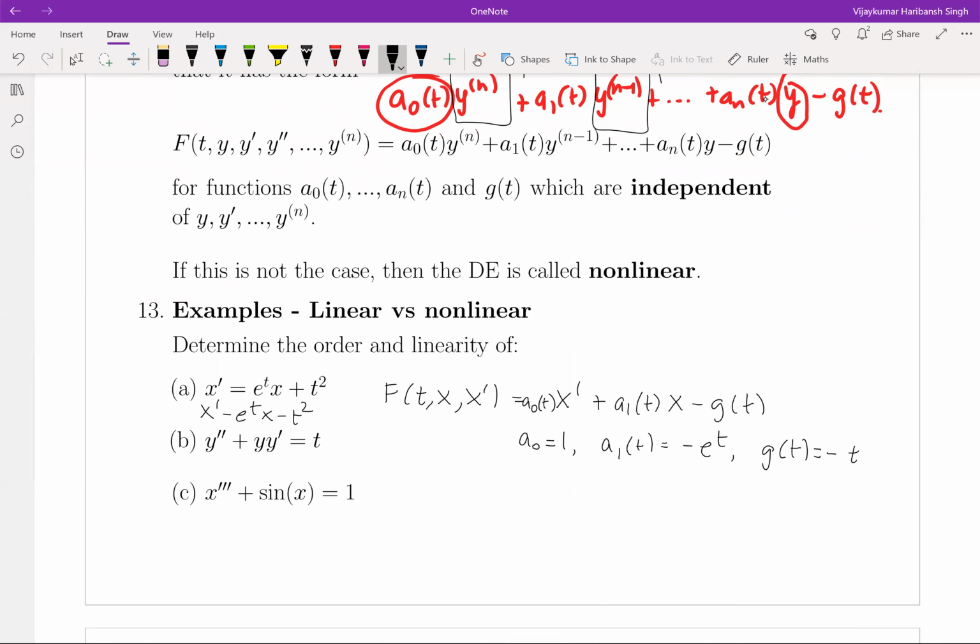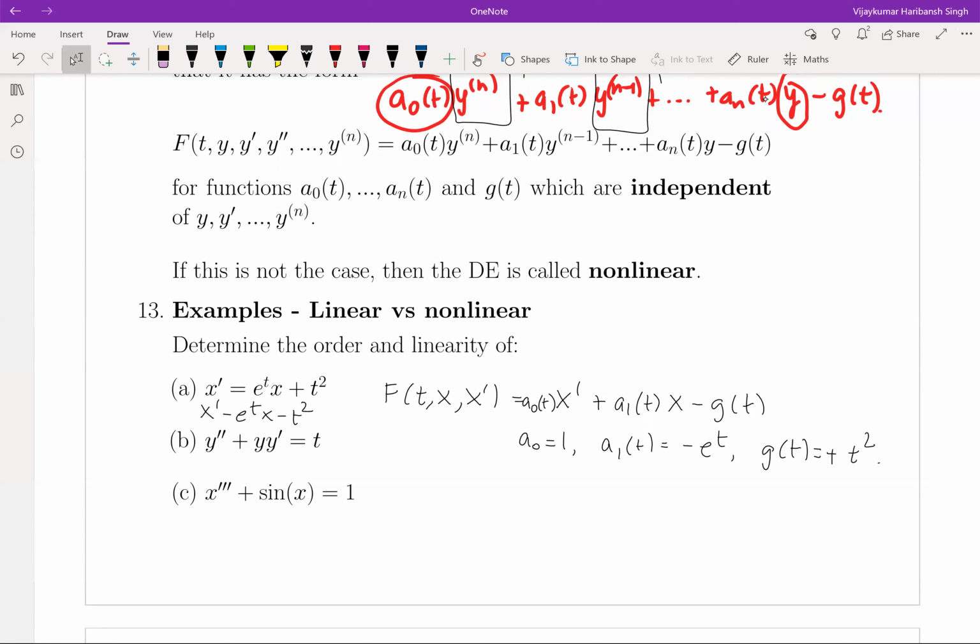So you see all powers of x and x prime are 1. Therefore, this is a linear differential equation.